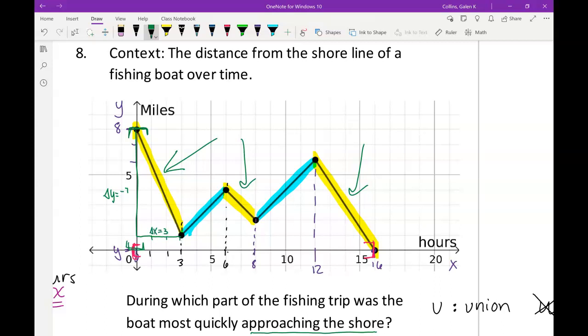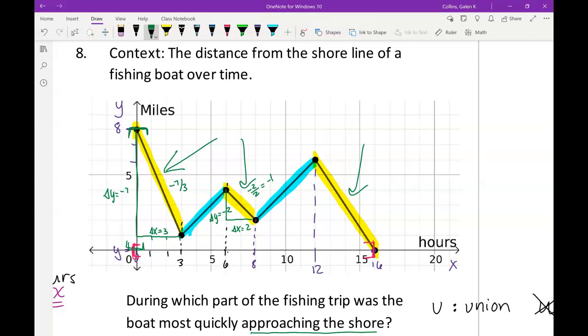So that would be -7/3 would be my slope for that part of my graph. Here, if I do a little slope triangle, my rise, or my delta y, is -2, and my run, or my delta x, is +2. So -2 over 2, sorry, that's my ESPN app in the background. -2 over 2 is -1.